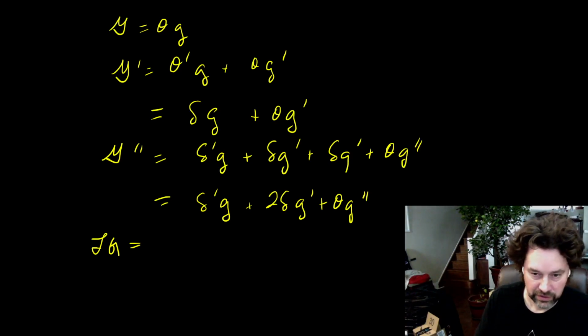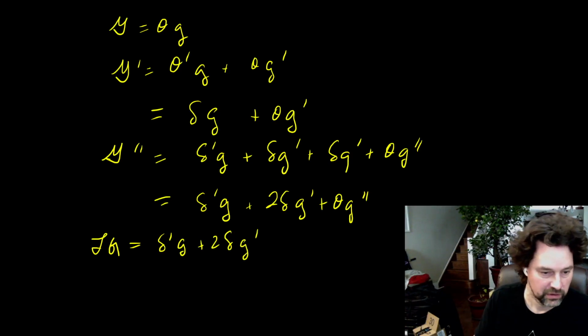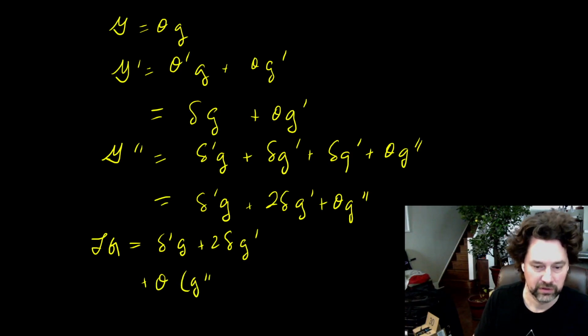So the non-theta dependent terms are delta prime g plus 2 delta g prime, plus theta g double prime. So those are the 3 terms from our second derivative.